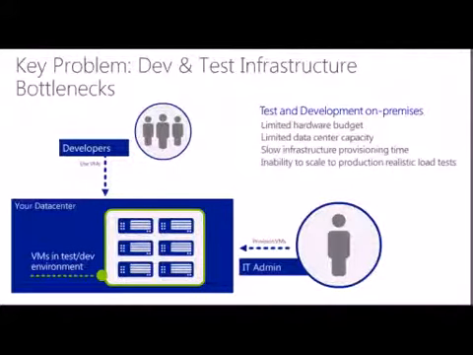This has a few potential problems. Firstly, very similar to what we said earlier about the need for on-off computing, you've got a limited hardware budget and limited capacity. You may well have your IT department add some latency in delivering these environments to you at the right time. And maybe there is an inability within that hardware to scale to the production levels you may need for load testing and suchlike. So there are a few problems that you may well see.